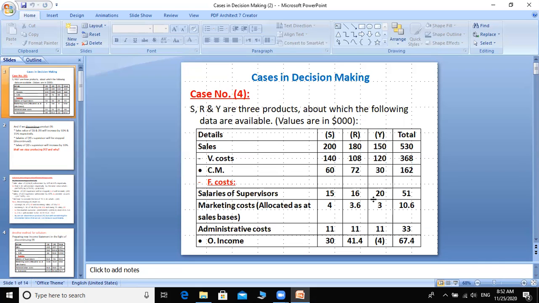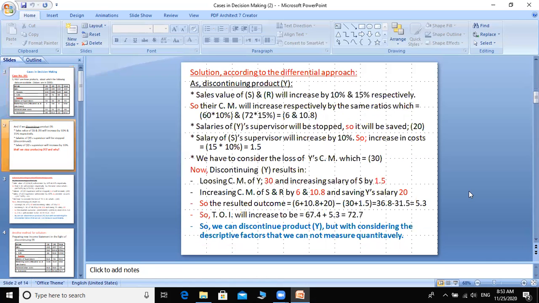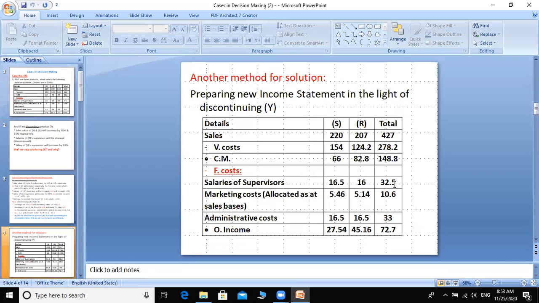Why? Because we will stop the salary of supervisor Y, 20, and we will increase the salary of supervisor S 10%. So increasing 1.5 and decreasing 20, this means that the 51 will become 32.5.